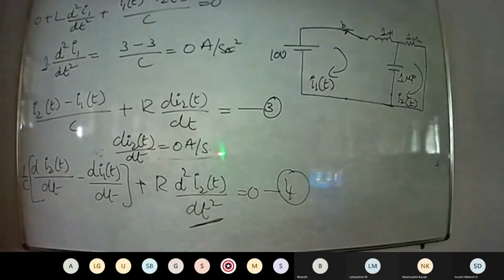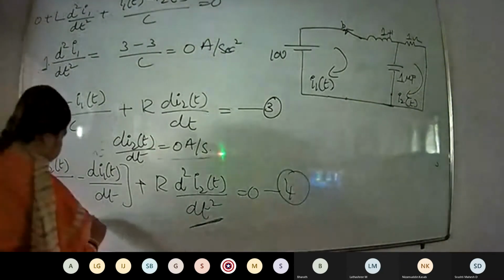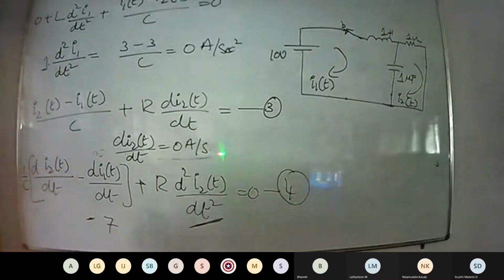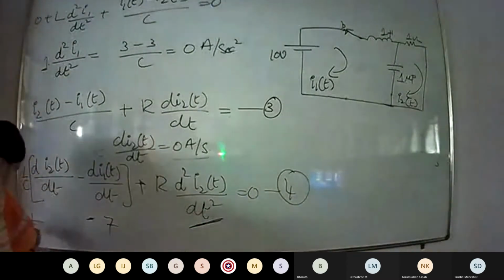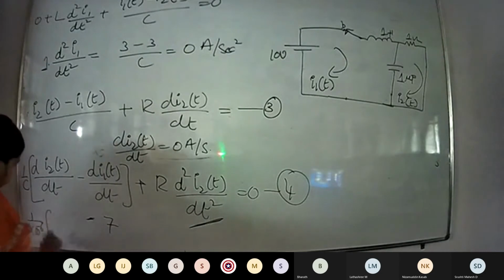Next, substitute the values. We got di2 of t as 0, and di1 of t we solved before as 7, so it is minus 7. The capacitor value is 1 microfarad, so 1 divided by 1 into 10 power minus 6.